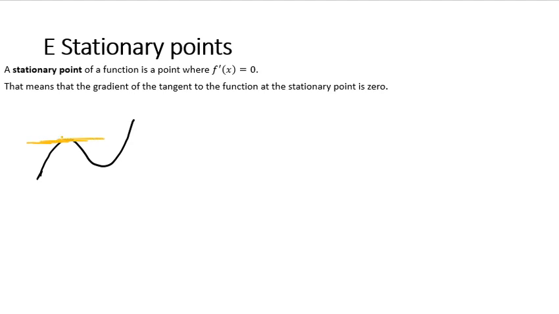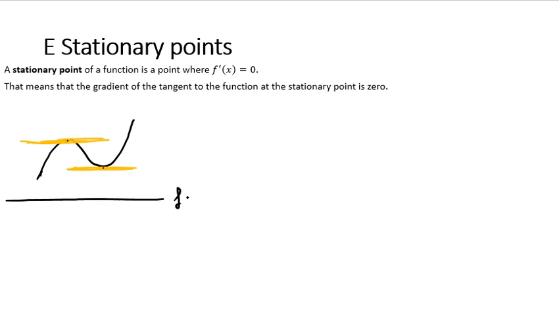So here we have the tangent. Or when we are here. Just on those 2 points, the gradient, the derivative of the function, is equal to 0.